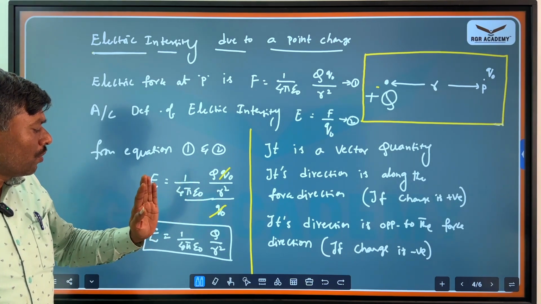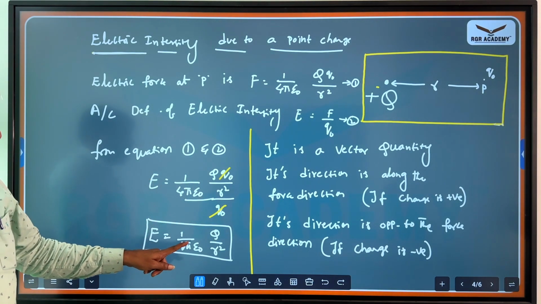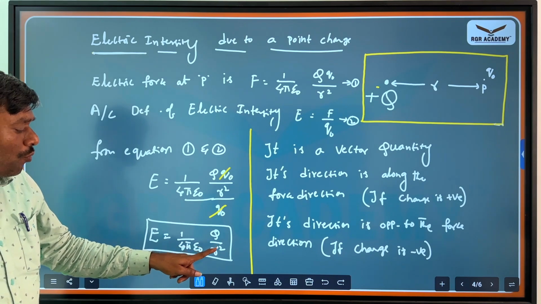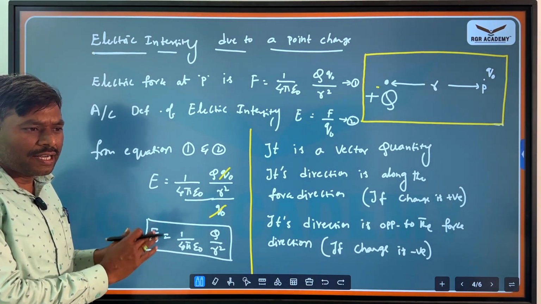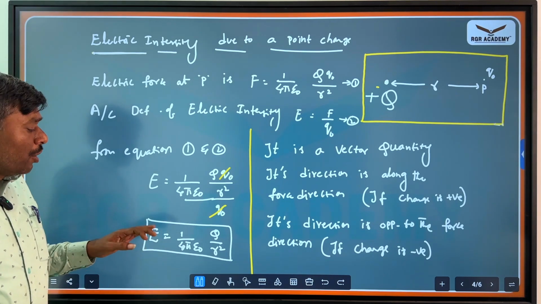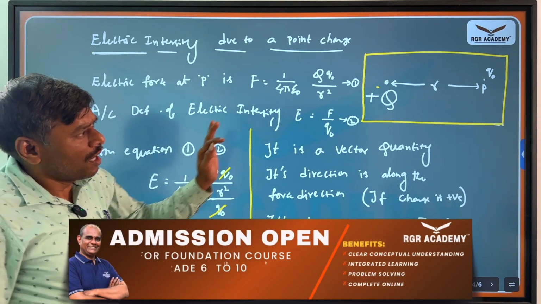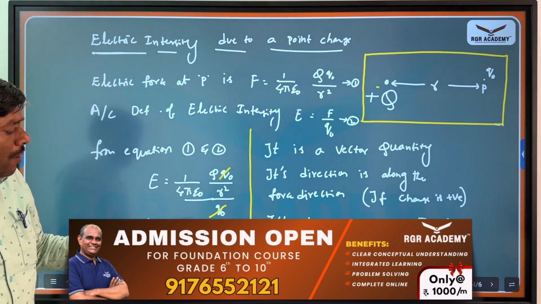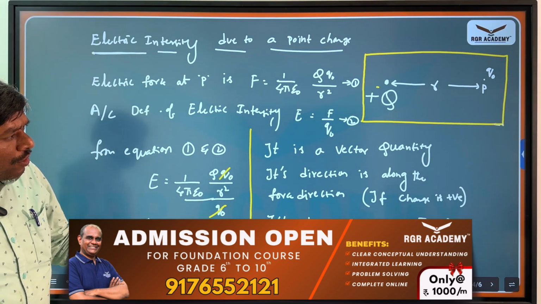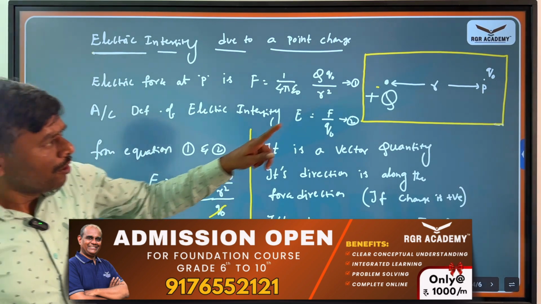So Q naught cancels. E is equal to 1 by 4 pi epsilon naught Q by R square. It is the magnitude of the electric intensity due to a point charge capital Q at a point P.